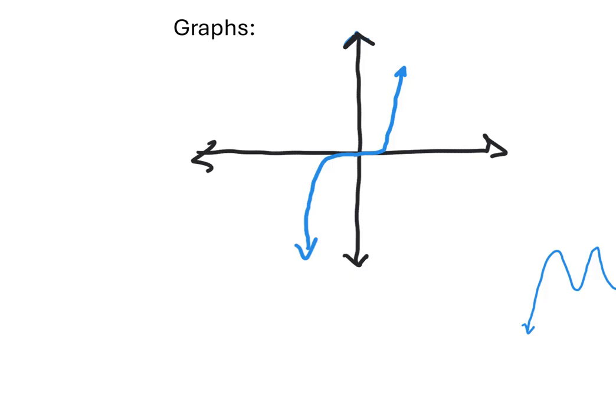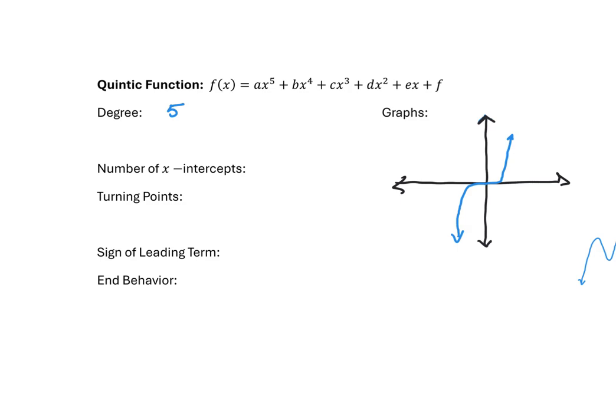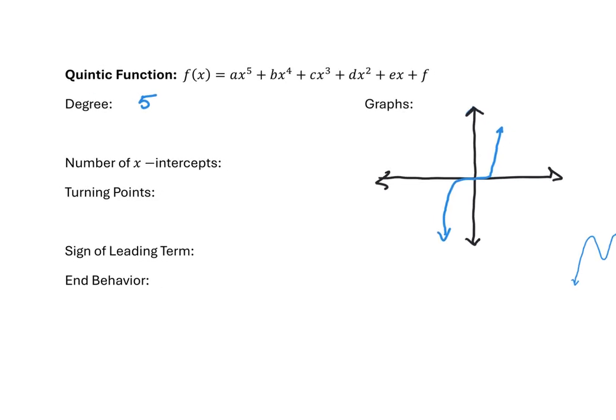All right, if we go ahead and move this around now, notice that no matter where I move this, it will always only have one x-intercept. So that's our first possibility. We can have one.